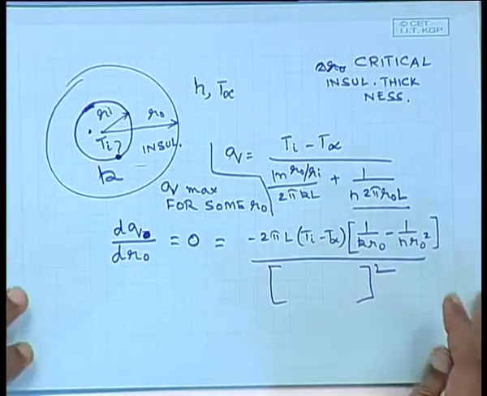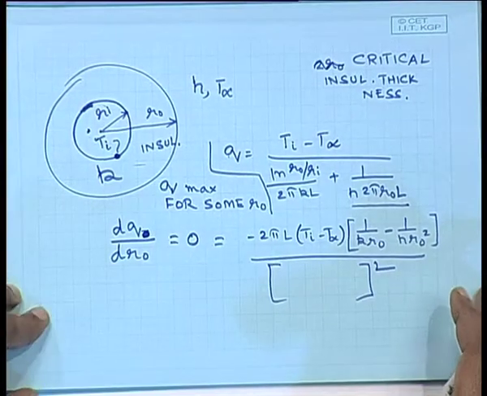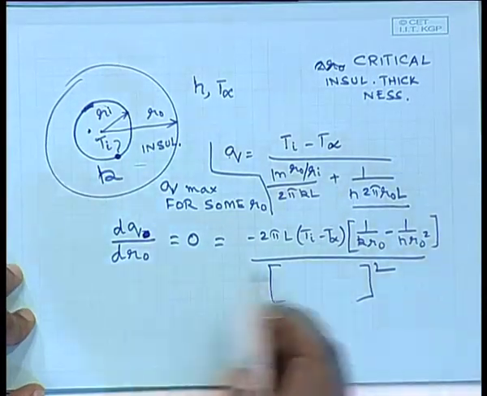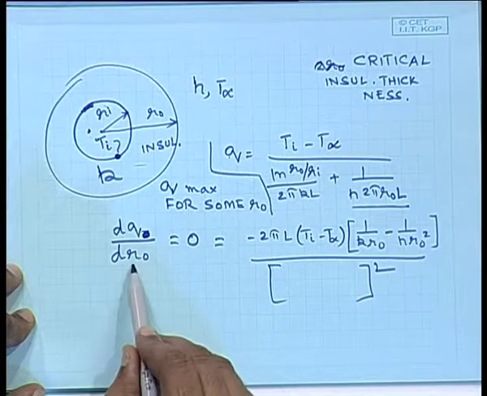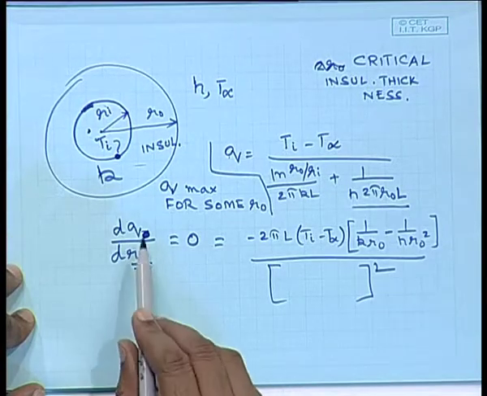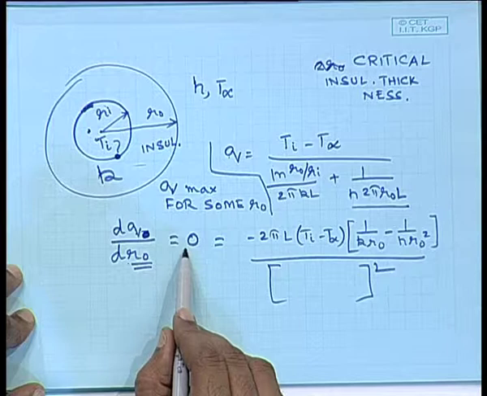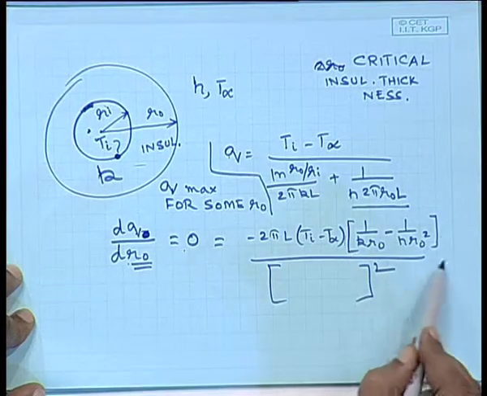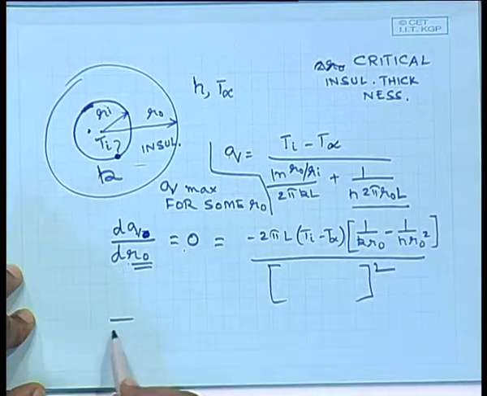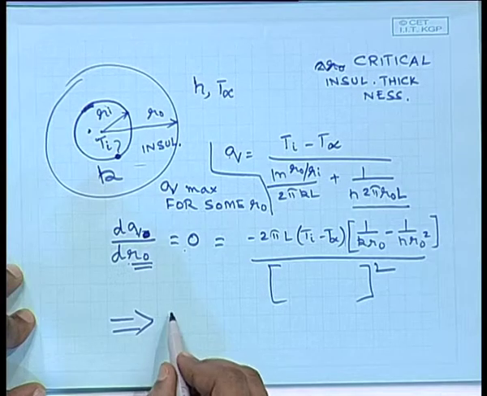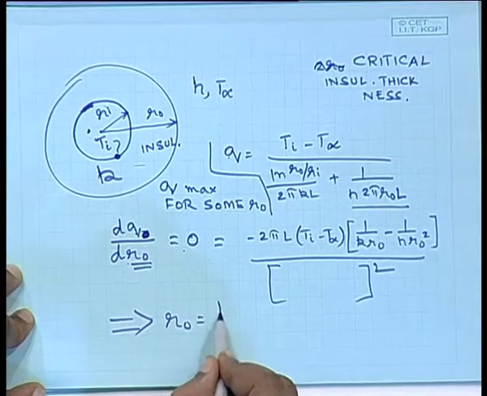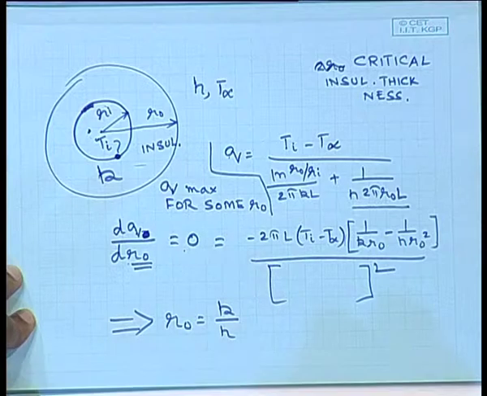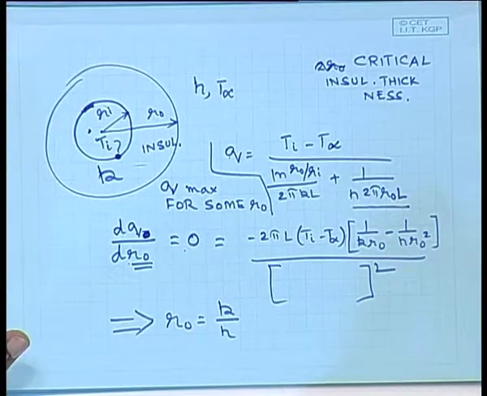You do not have to write it, you just see what we are going to arrive at. My R0 is a variable here. If I make dQ/dR0 equal to 0, I get this sort of a form, and this simply tells you that to make it equal to 0, your R0 should be equal to K by H. Mathematically, this is what it is giving me.